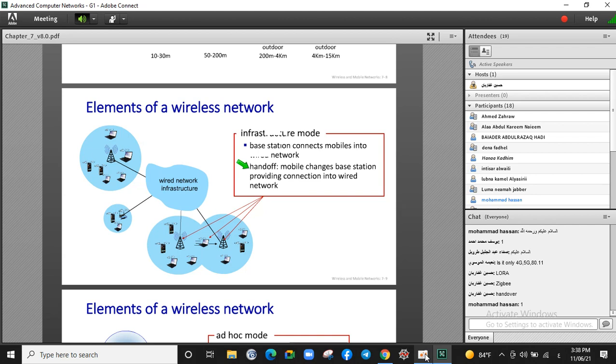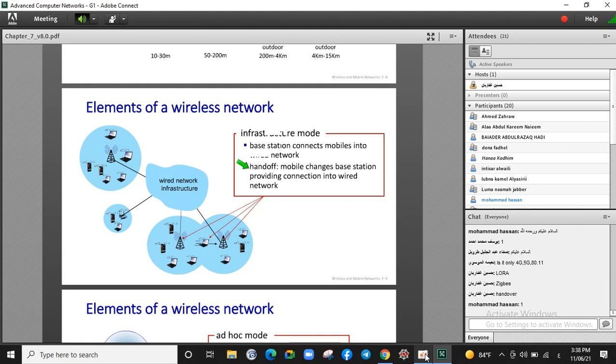It's starting to make a communication with another party, and during this communication, the mobile wireless node moves from one network to another network, attaching from the old base station to a newest base station.